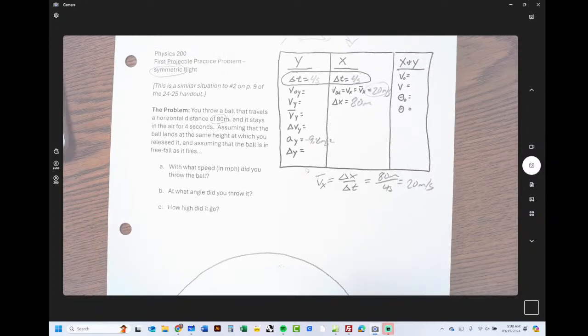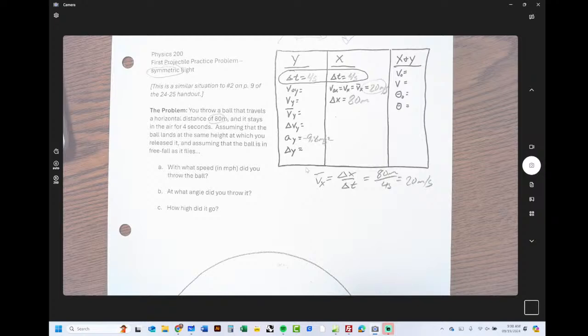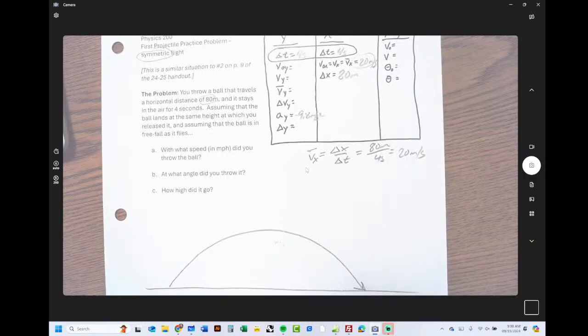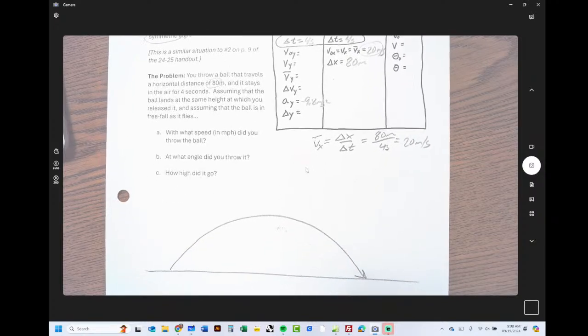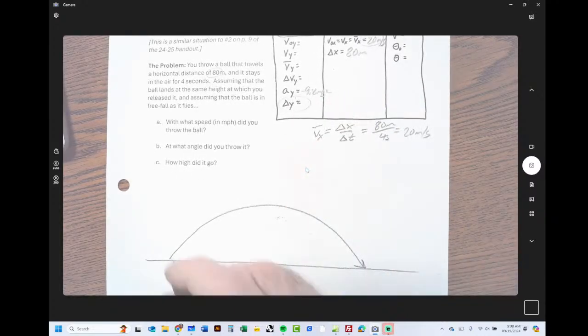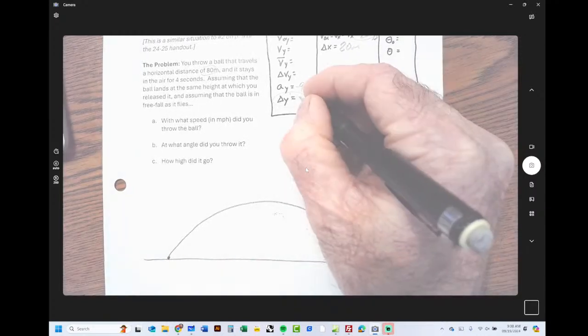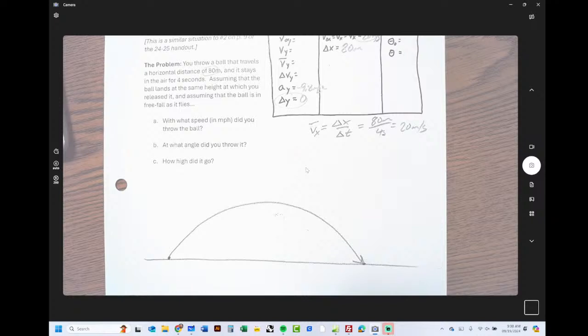What should we do now? Time. We've got acceleration. Oh, what's delta y? We know this. Start here, end there. Delta y is what? 0. So, all right, delta y is 0.